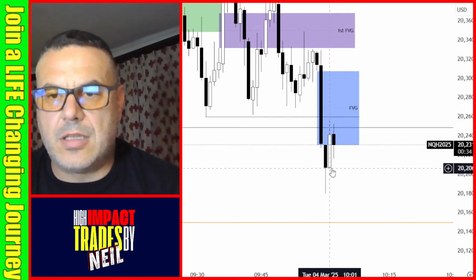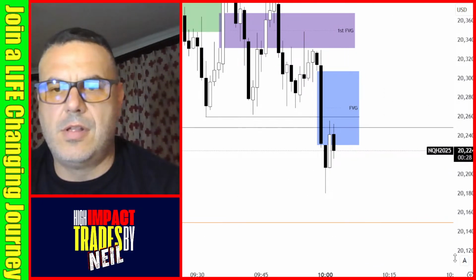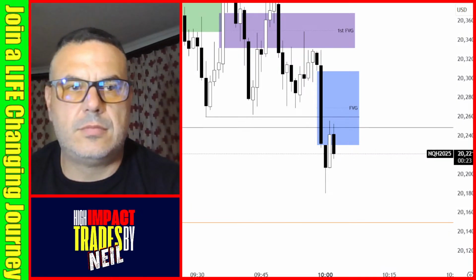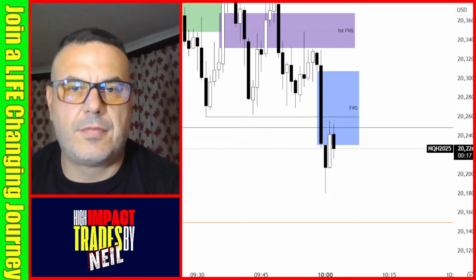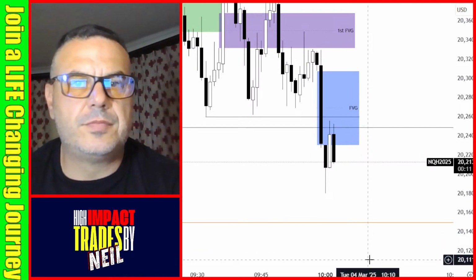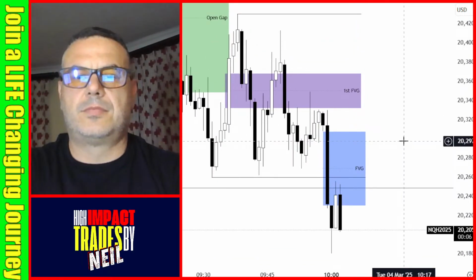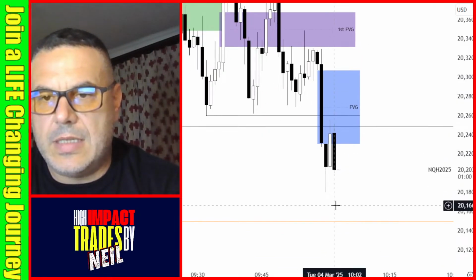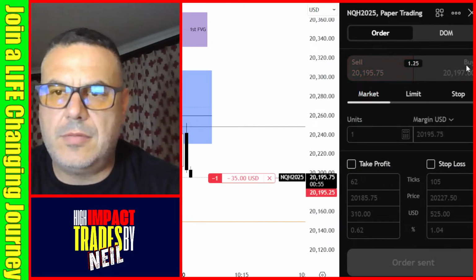Like to see this black candle close below this white candle to be bearish on this. Right, let's see, we just closed below that white candle, so I'm going to take another short here.